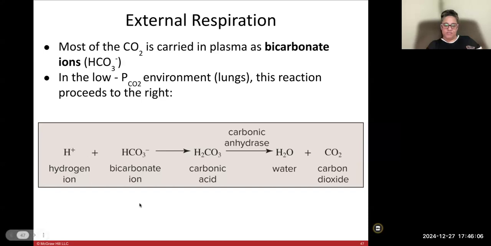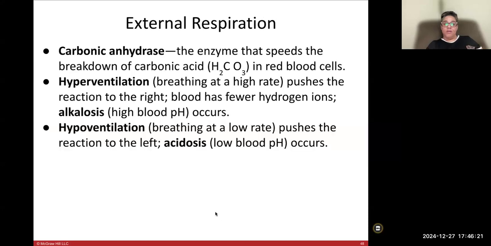So hydrogen ions combine with bicarbonate to make carbonic acid. Carbonic acid comes into contact with carbonic anhydrase. It will split into water and carbon dioxide. So carbonic anhydrase is the enzyme that will speed the breakdown of carbonic acid into water and carbon dioxide.